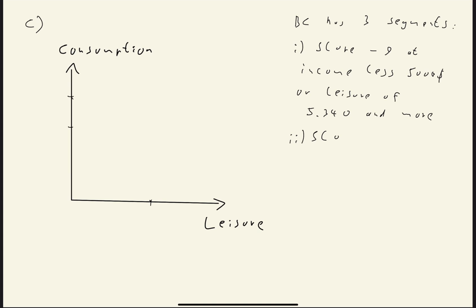Okay, so the second segment will have a slope of -8 at income between $5,000 and $15,000.